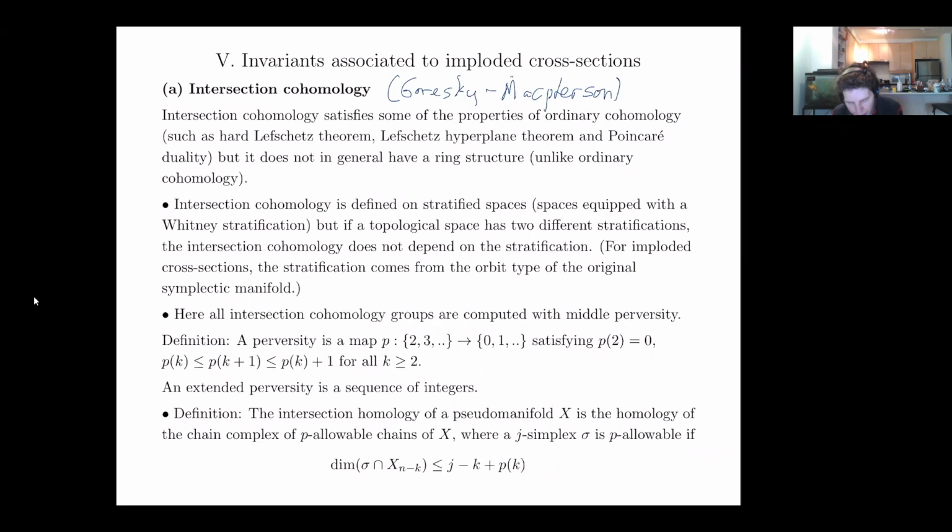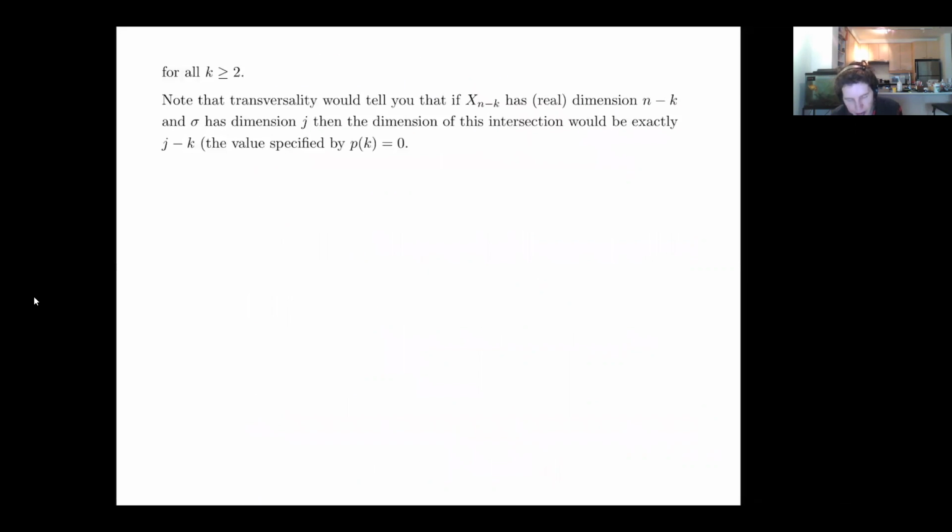If you were dealing with a manifold, not a singular space, then if the n minus k stratum had real dimension n minus k, and the chain sigma had dimension j, then the dimension of the intersection would be exactly j minus k by transversality.